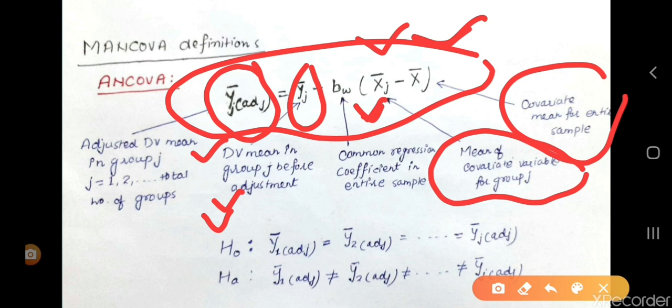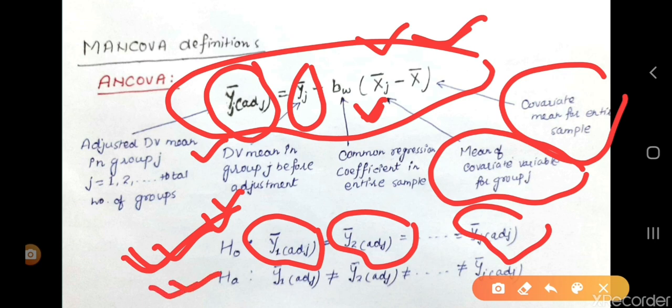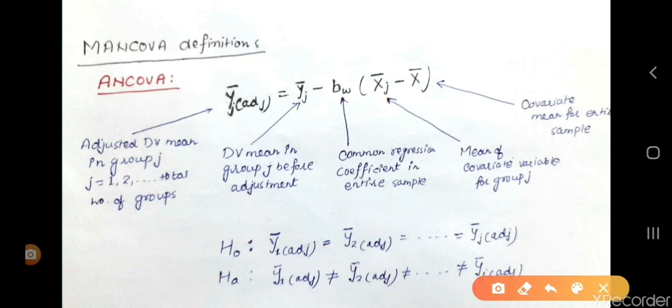So in ANCOVA we write the null hypothesis like this: the adjusted means of all groups are equal, and the alternate hypothesis says that the adjusted means of all the groups are not equal, there are some differences. Okay, this was all about ANCOVA.